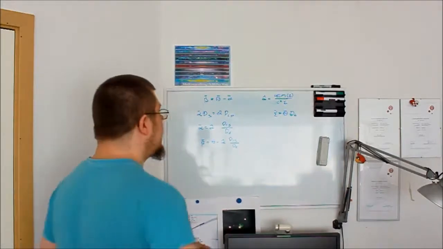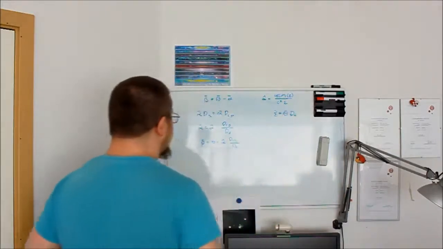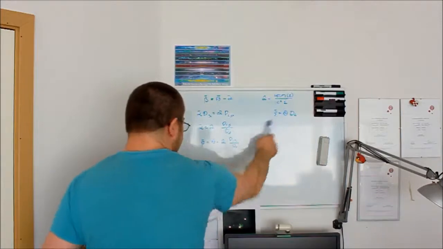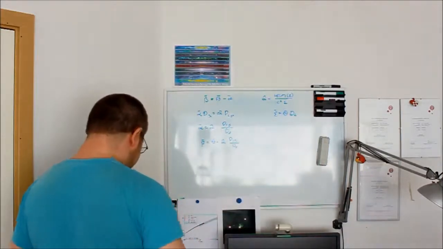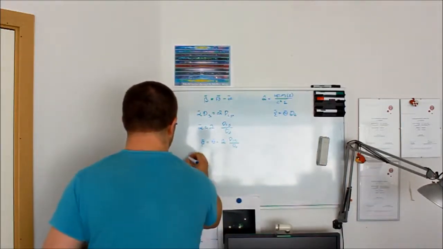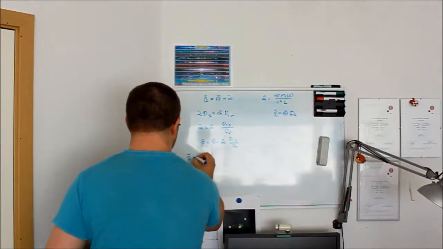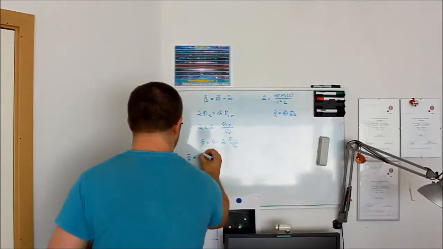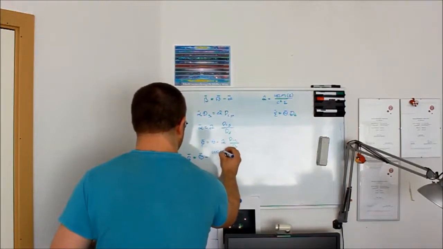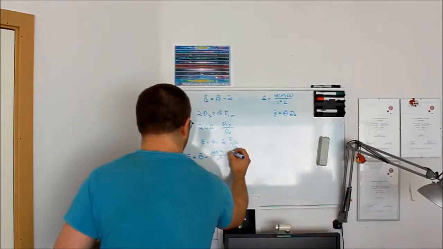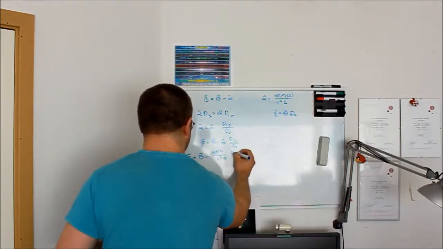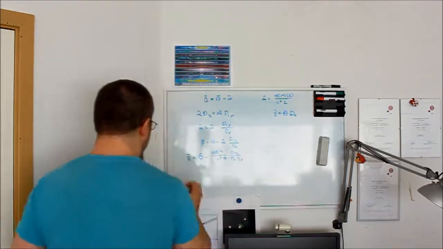Now we make an assumption that this is a spherical mass distribution, and then we introduce the deflection angle using this relation here, and then we can finally get that beta is equal to theta minus 4GM over c squared theta Dls over Dl Ds.